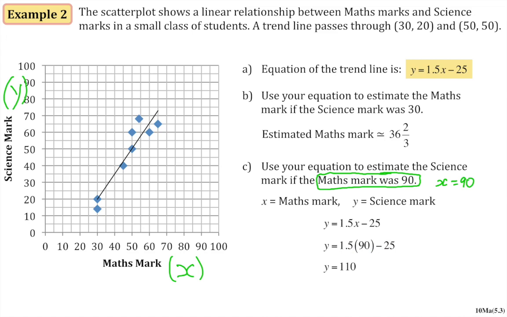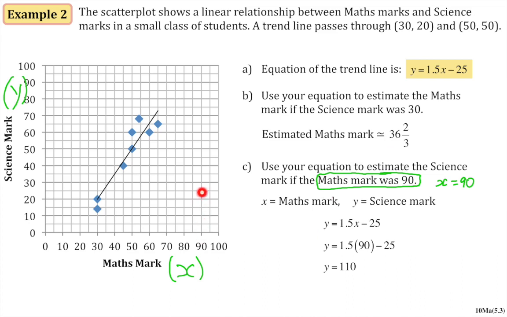So what does that mean? That means according to this model here, if a person got 90 on their maths test, they probably would have got 110 on their science test. Now, if it was a percentage, that doesn't make sense, but that's what we predict based on what everybody else has got. So we are extrapolating here because nobody got as high as 90 on the maths mark.